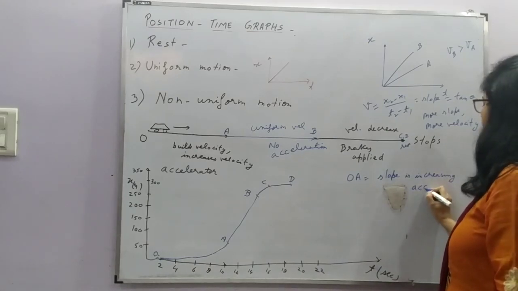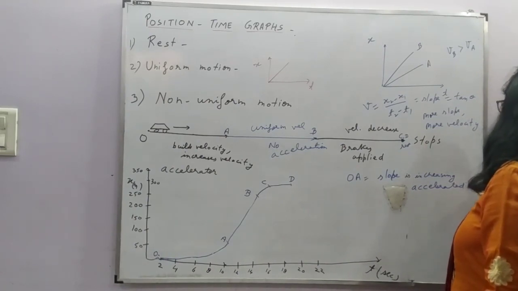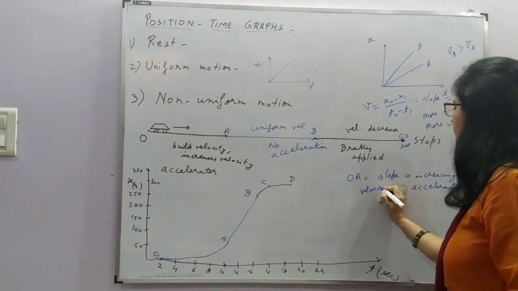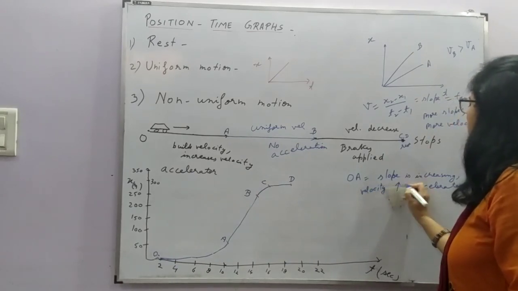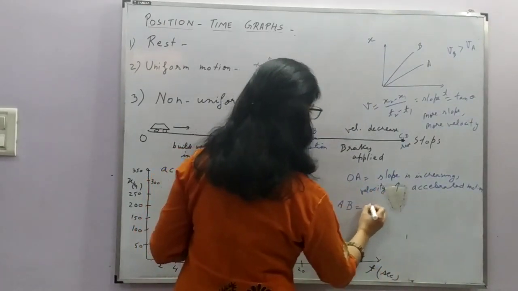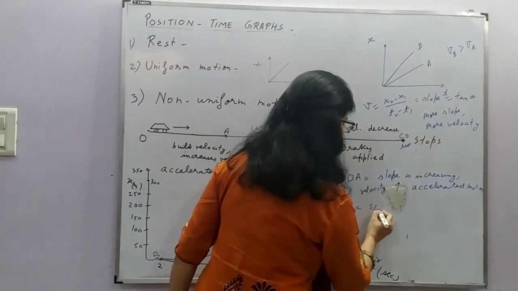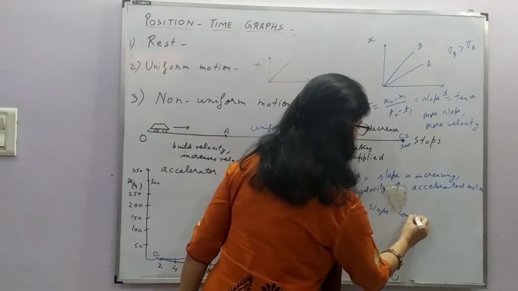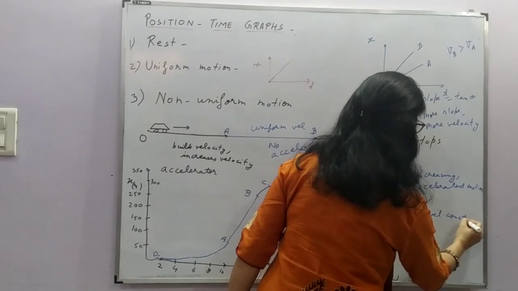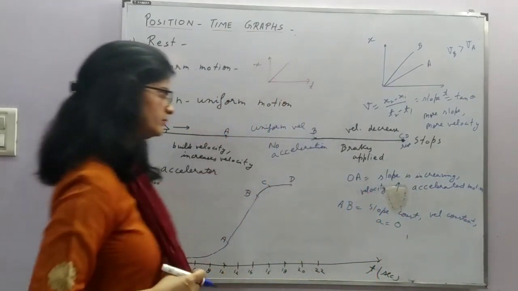So this is accelerated motion. Slope increasing means velocity increasing, right? If we consider A to B, slope is constant between A to B, straight line. So we can say that slope constant, velocity constant, therefore acceleration 0, right?